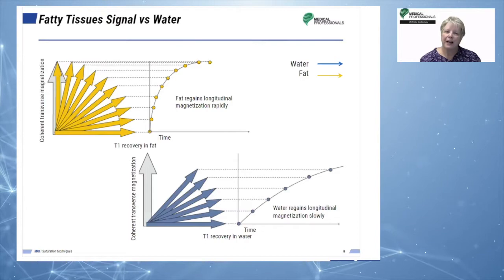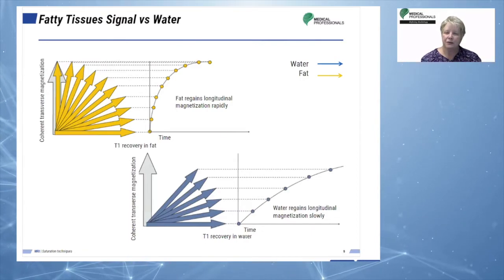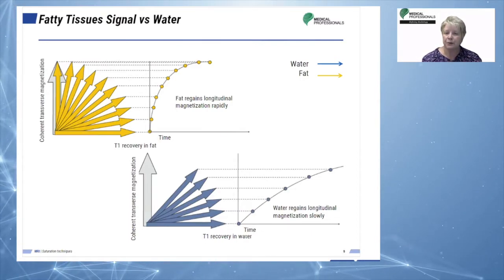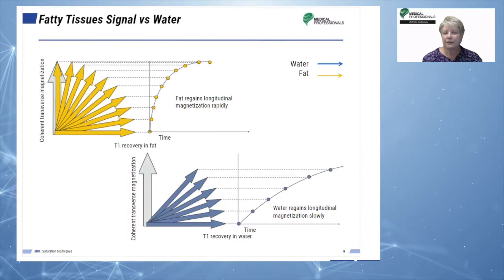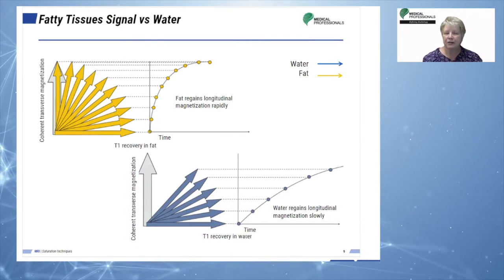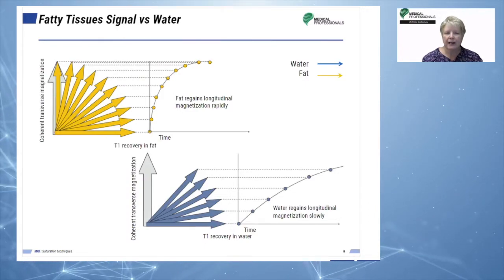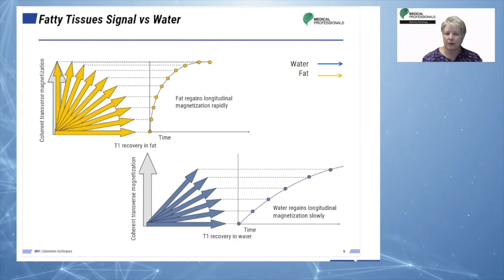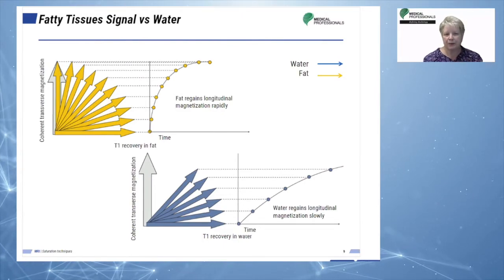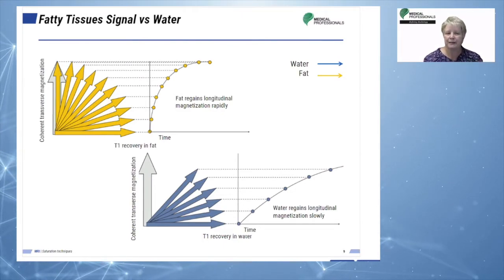Also recall that relaxation times of fatty tissues for T1 and T2 are very short. For this reason, fat signal appears hypersignal during T1 weighted sequences and intermediate signal or a medium signal during T2 weighted sequences.